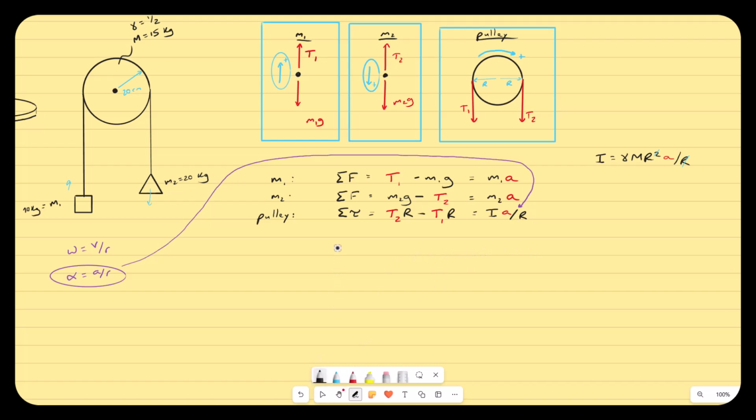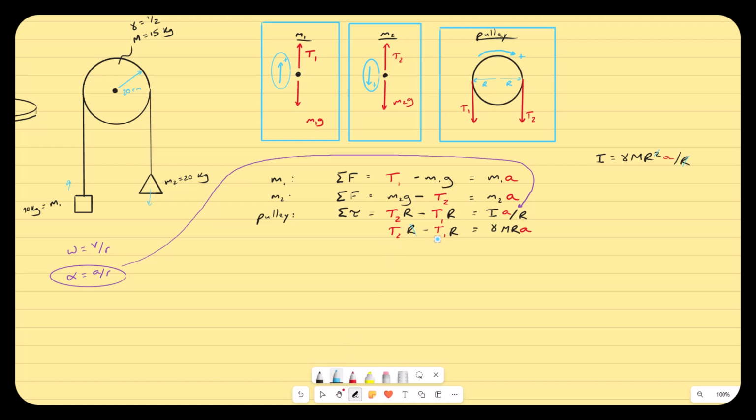So this last equation can become T2R minus T1R equals, right here, gamma m r a. And then I can do one better.